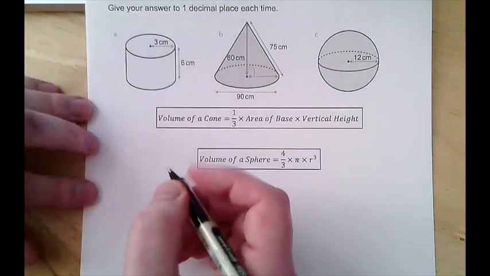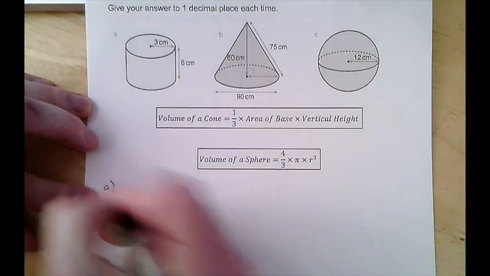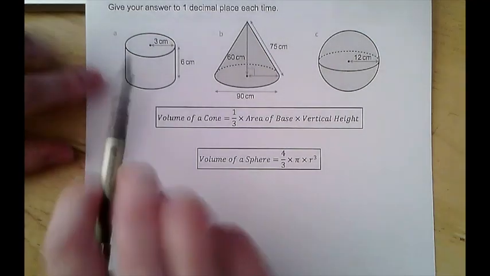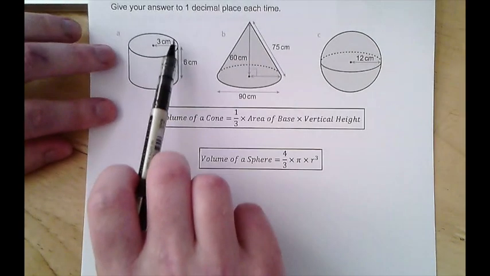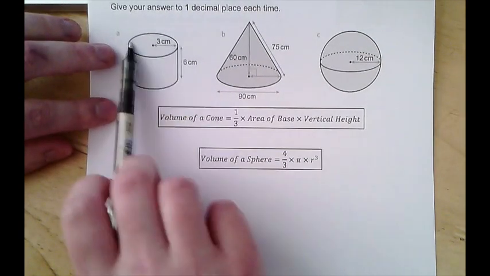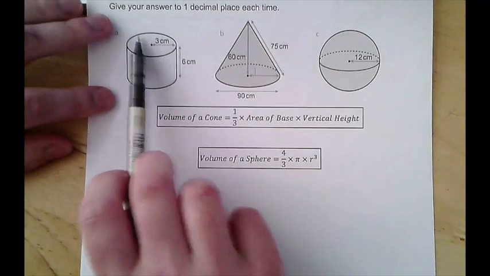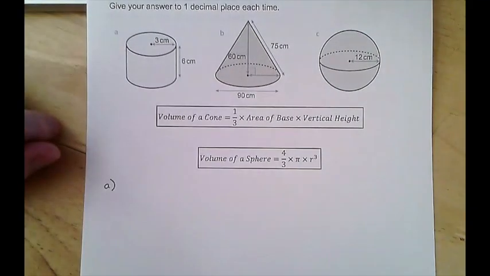So, if we're trying to find the volume of the cylinder, well, a cylinder is just a type of prism, which in other words means that the cross-section here, in other words the circle, is the same throughout. So I could work out the area of that circle, the cross-section, and then multiply it by the length.